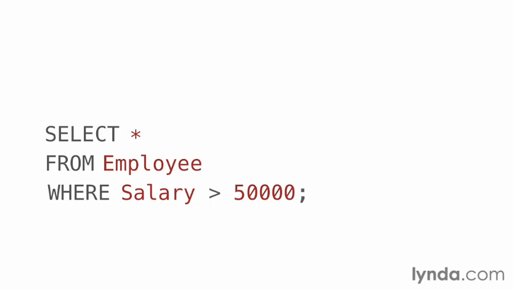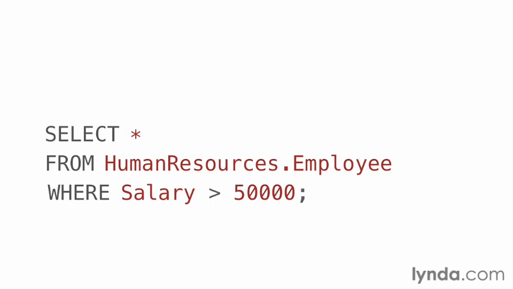There's often a default database for the database server if you don't name one explicitly. But if I wanted to be explicit, I'd use the name of the database, then a period, then the name of the table. So here I'm making the assumption I have a database called Human Resources, and I'm interested in the employee table inside that database. This can be done a little differently depending on the database management system, but it is usually this simple.